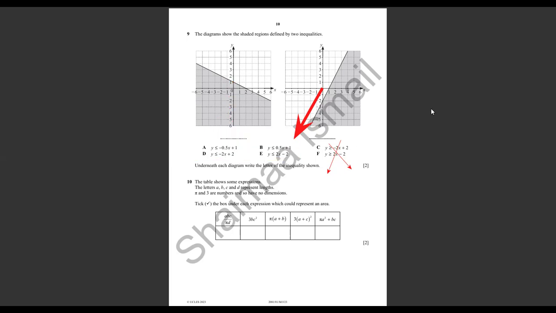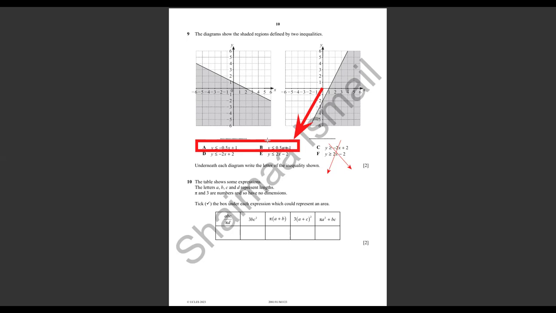So we can say here, the first graph will be A or B because it has a y-intercept of 1. Okay. Is it decreasing or increasing? It is decreasing. The slope.